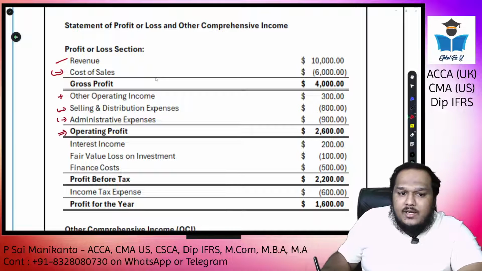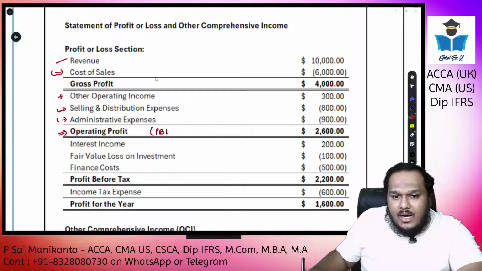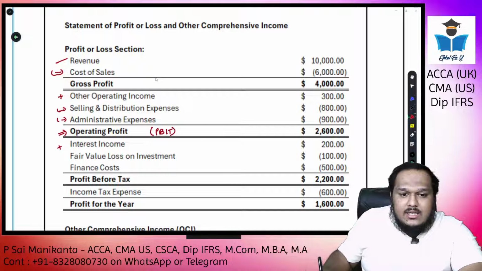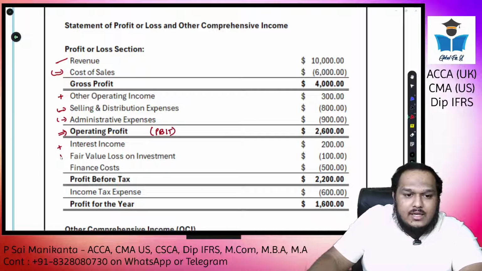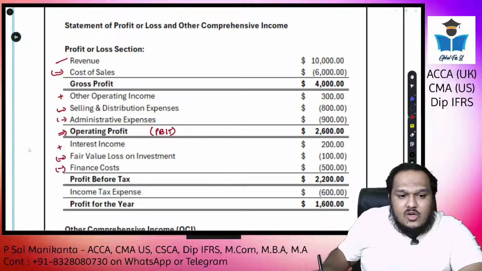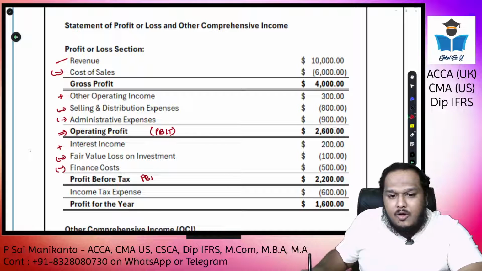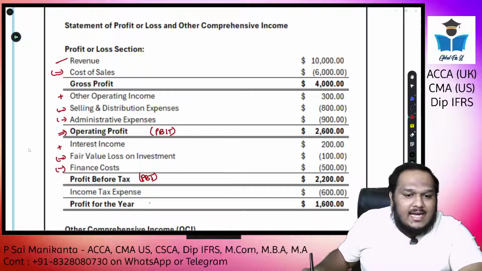That gives you operating profit, which is also called PBIT. Then plus interest income, minus fair value loss on investment, finance costs are subtracted, then you get PBT, profit before tax, then minus tax, then you get profit for the year or profit after tax.